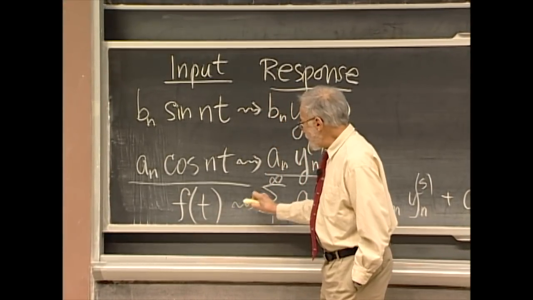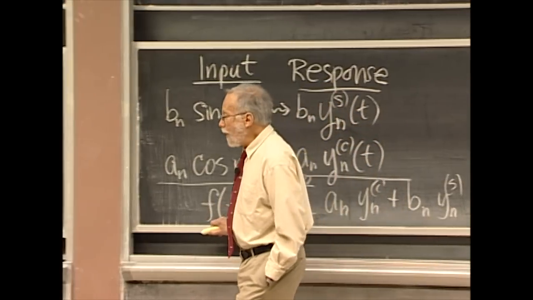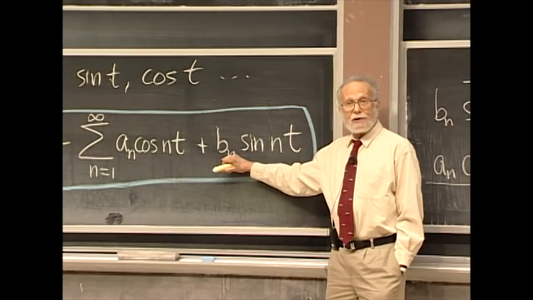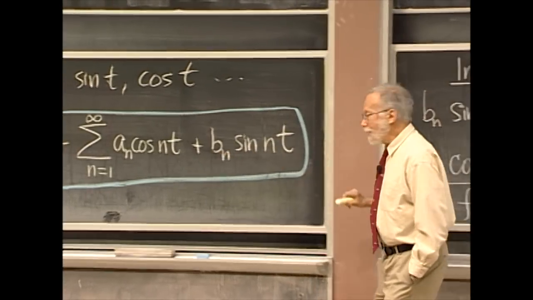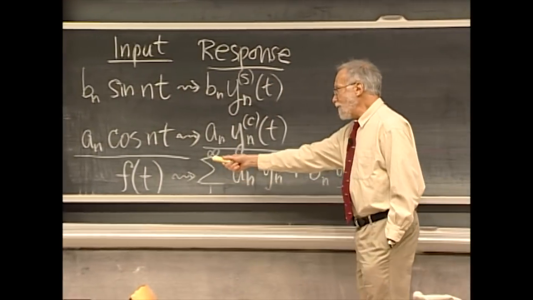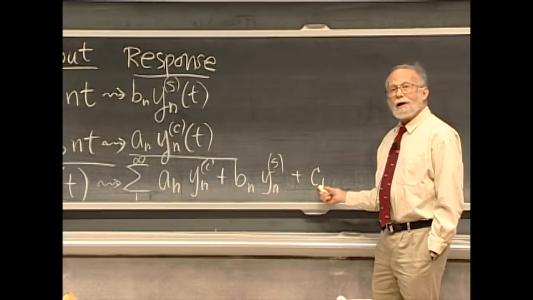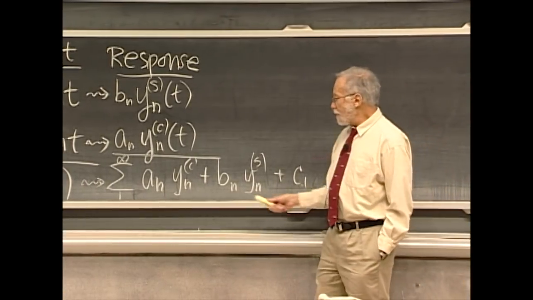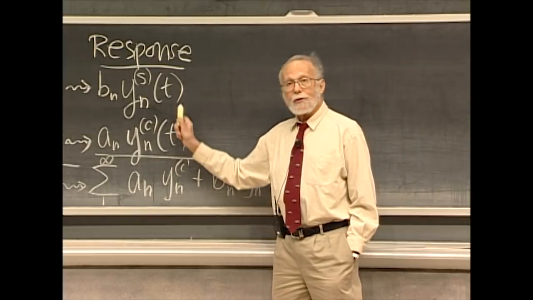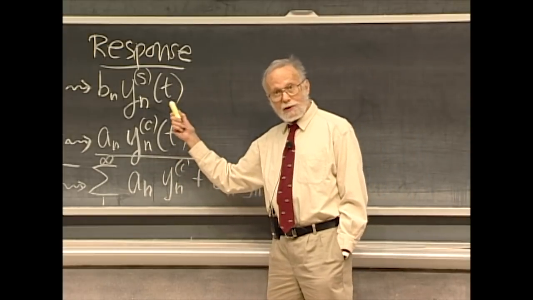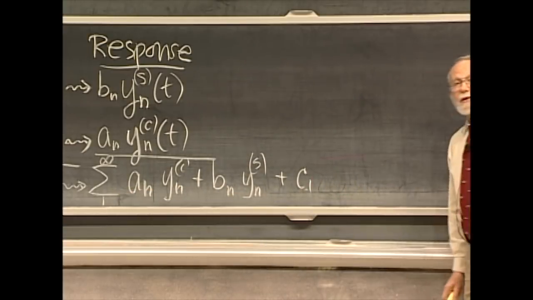The procedure will be: you've got a periodic function of period 2 pi, find its Fourier series, and I'll show you how to do that today. Then the response to that general f of t will be this infinite series of functions where these y's are things you already know how to calculate. They're the responses to sines and cosines, and you just form the sum with those coefficients.